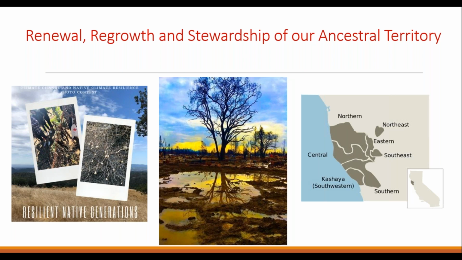And it really speaks to the strengths of our people and the need for our people to have participation and authority and a seat at the decision-making table when it comes to the environmental stewardship of our own land. And so we built the Resilient Native Generations on that idea of wanting to reach out to our community and really get input, but also build up their capacity to participate across the aisle when it comes to how we care for our homeland.